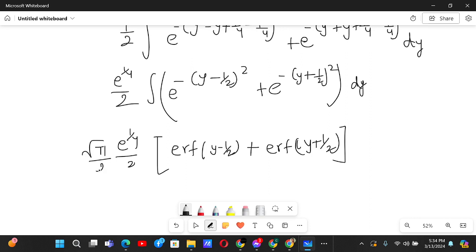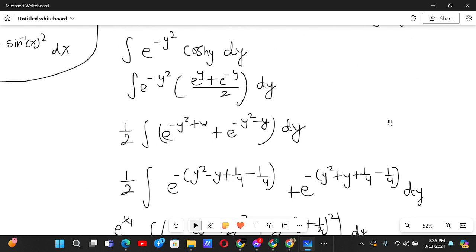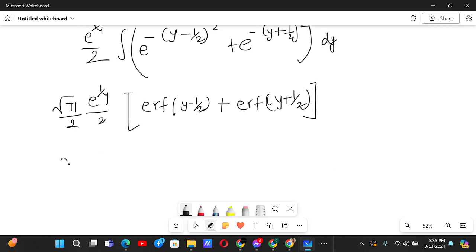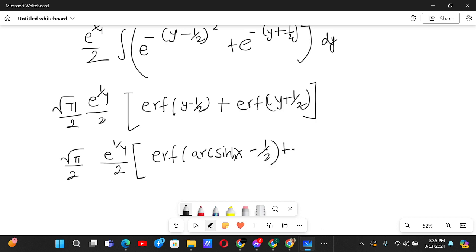Now our y was arc sinh x. That's why this will be root pi by 2 e to the power 1 by 4 by 2 times erf of arc sinh x minus 1 by 2 plus erf of arc sinh x plus 1 by 2.